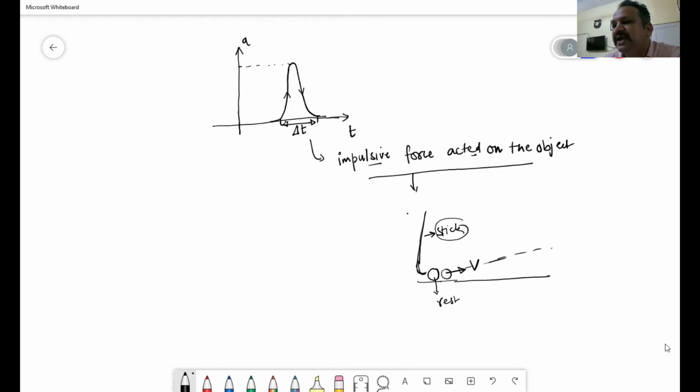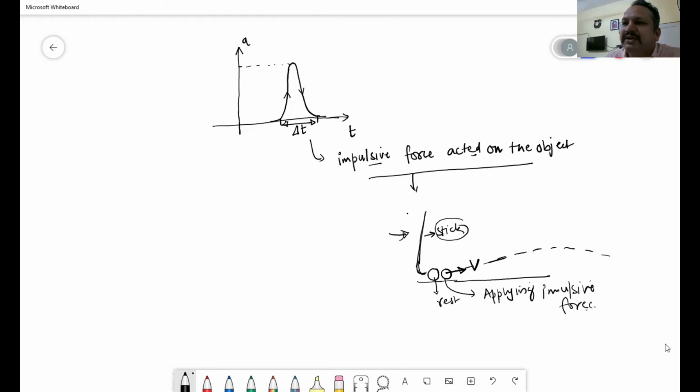It means we are applying an impulsive force here. This is the real physical situation we can relate.